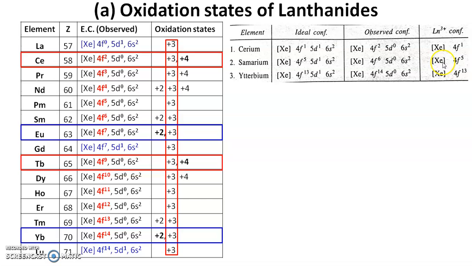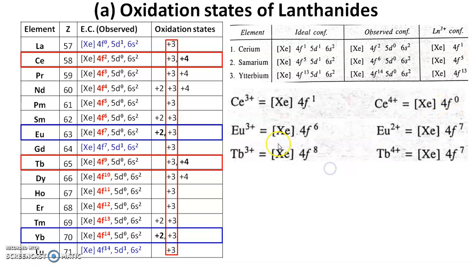Samarium in +3 oxidation state has a configuration of xenon 4f5, and ytterbium in +3 oxidation state has a configuration of xenon 4f13. So this is for cerium. In +3 state, it has configuration xenon 4f1, whereas in +4 oxidation state, it has configuration xenon 4f0.